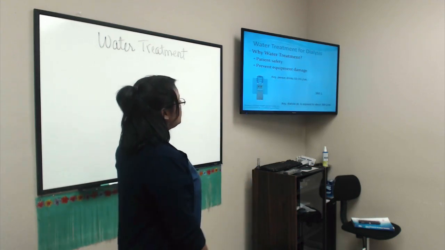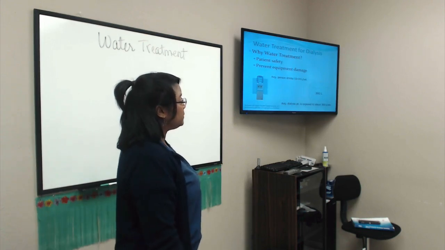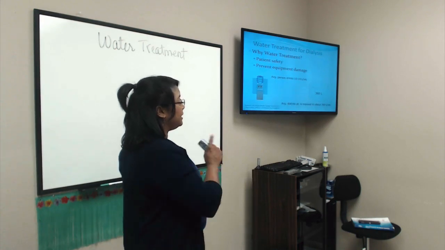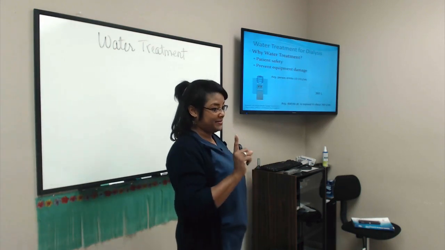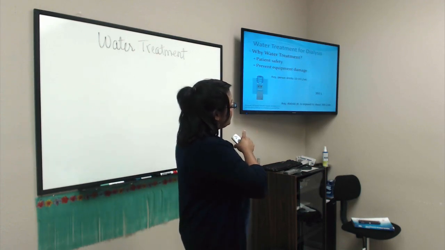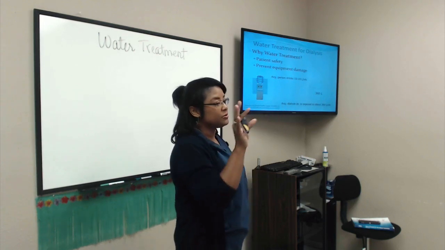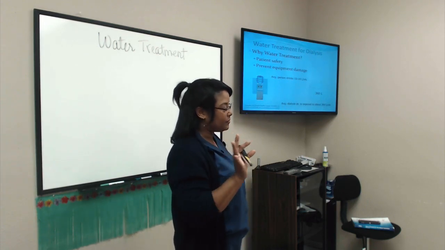A good example of the amount of water being used at the dialysis center is that an average person drinks 10 to 14 liters a week, okay? In the dialysis center, we use about 360. This is an average, okay?